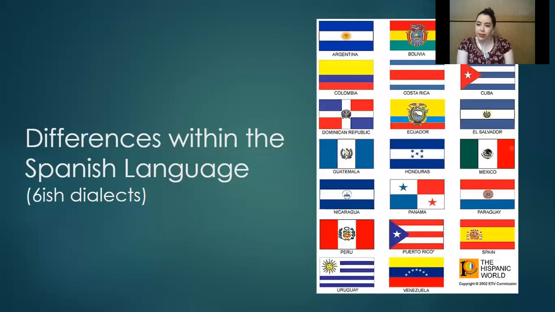So let's talk about some of the differences between the Spanish that's spoken all around the world. Of course, these are generalizations.